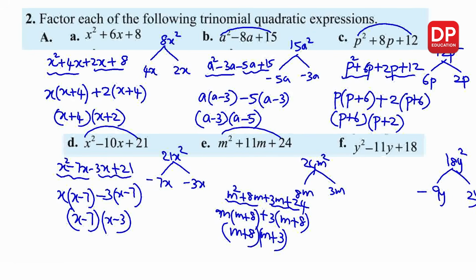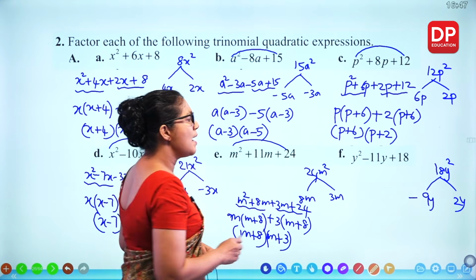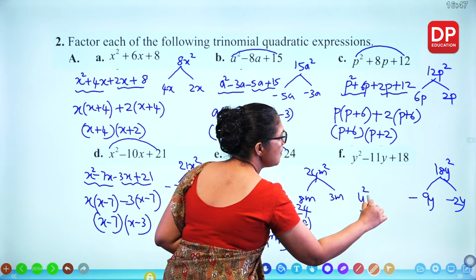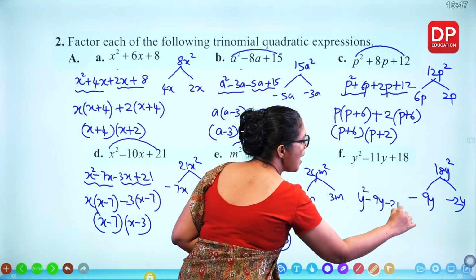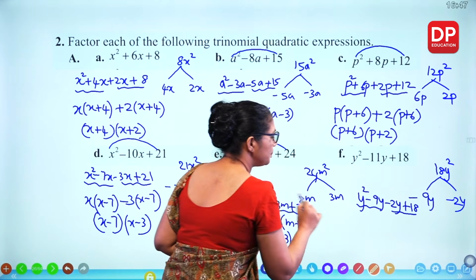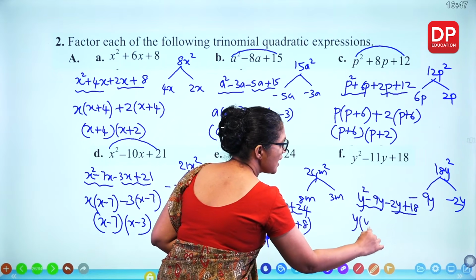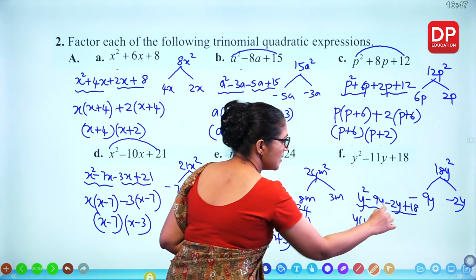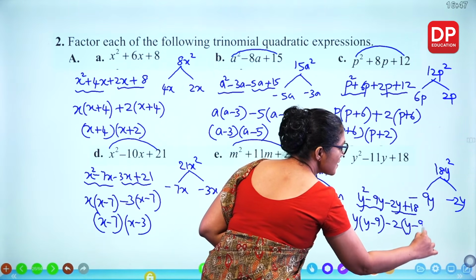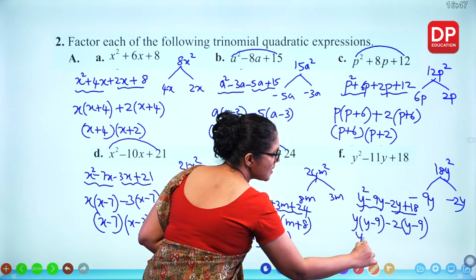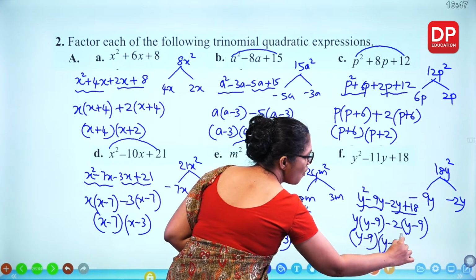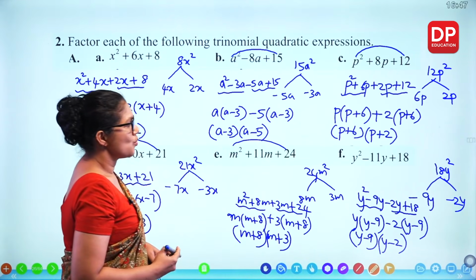So we can write minus 9y and minus 2y. So we can split the middle term, minus 9y and minus 2y, and then take 2 at a time. Y is common, take it out, y minus 9. Minus 2 is common, take it out, y minus 9. Y minus 9 is common again. The remaining part is y minus 2.